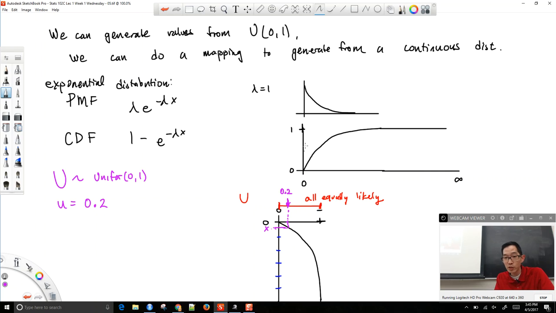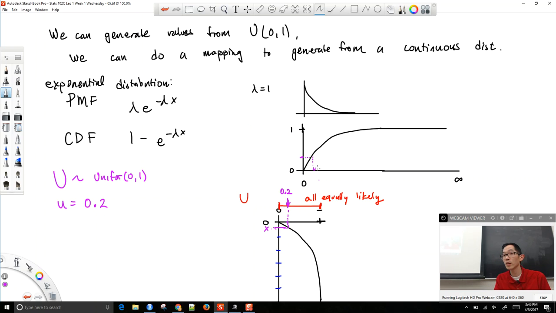Okay, so we're generating on the interval 0 to 1, and this curve, this cumulative density function, provides a map to go from everything on the 0 to 1 to something in the domain of the x. Okay, so x goes from 0 to infinity, or x could go from negative infinity to positive infinity, and this just says if you get a particular u, then it gets mapped to this location on the x-axis.